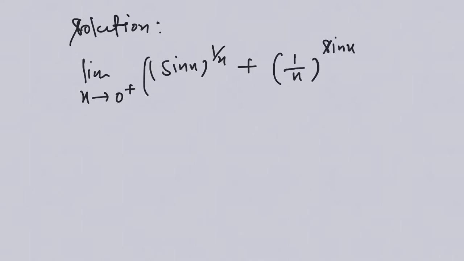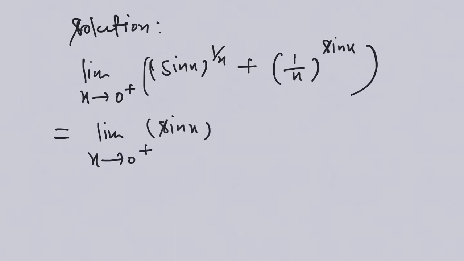We can separate this into the limit as x approaches 0 plus of (sin x) to the power 1/x, plus the limit as x approaches 0 plus of (1/x) to the power sin x.